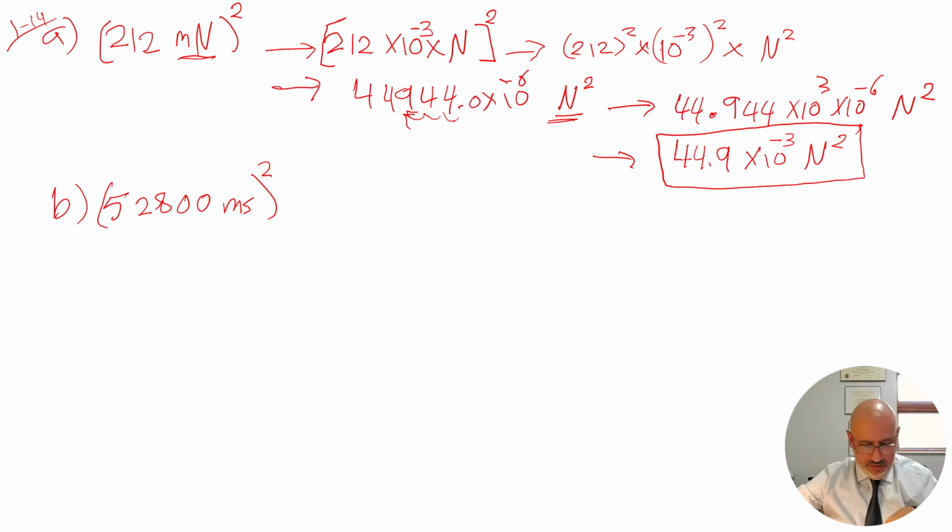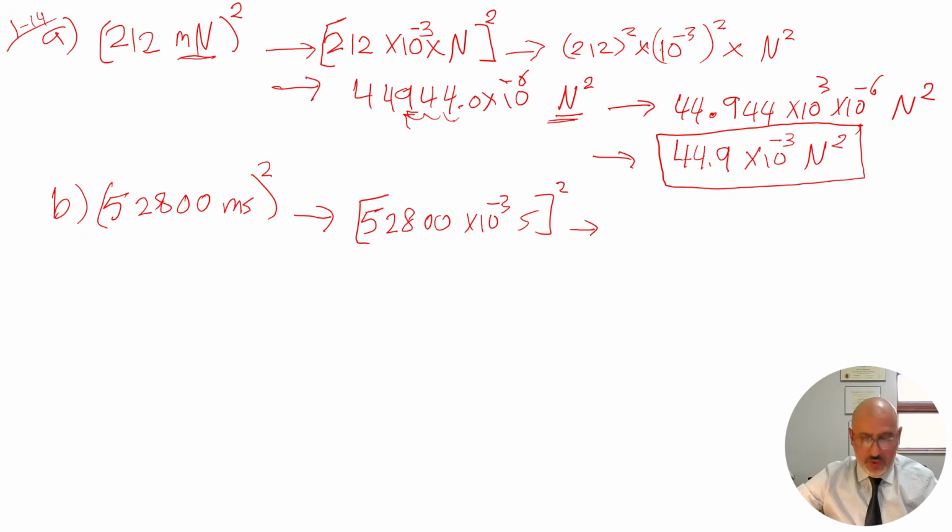So I will start by, similar to what we did before, simplifying this as much as I can. This could be written as 52800 multiplied by 10 to the power minus 3, and you have s, and all of them squared.